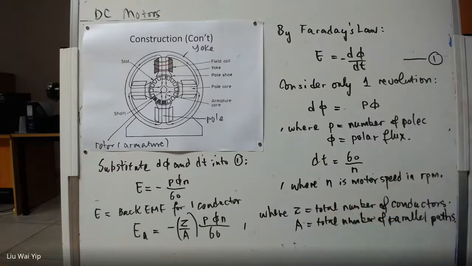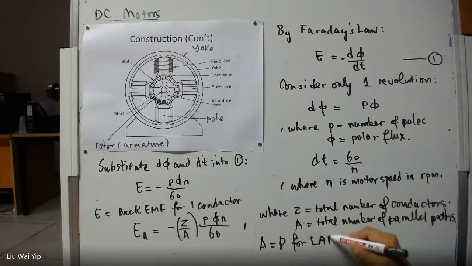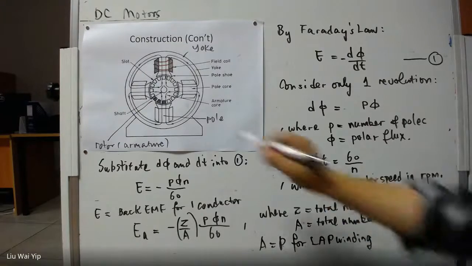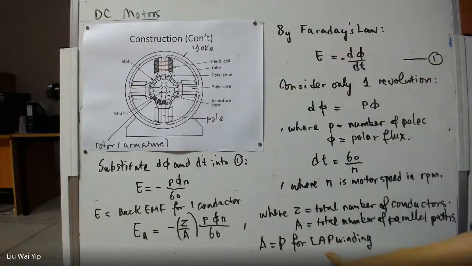But you also need to say this: A is equal to P for lap winding. Because the armature can be lap wound or wave wound, A is equal to 2 for wave winding.